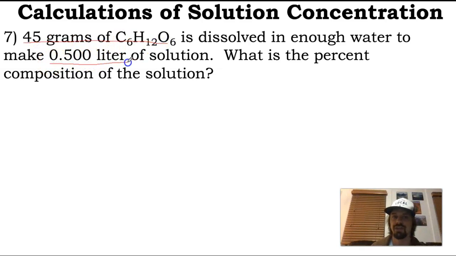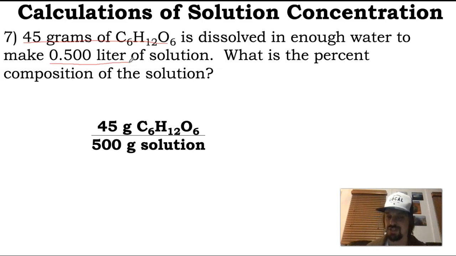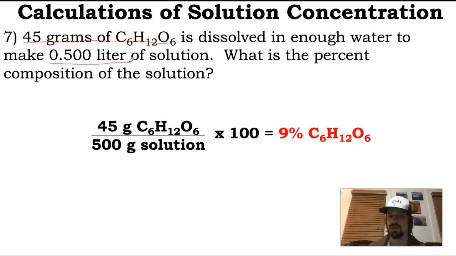The toughest part here is figuring out what this mass is. 0.5 liters is, why don't you pause and try? 500 milliliters, which is 500 grams. So 45 divided by 500 times 100 is 9% sugar in this sugar water solution.